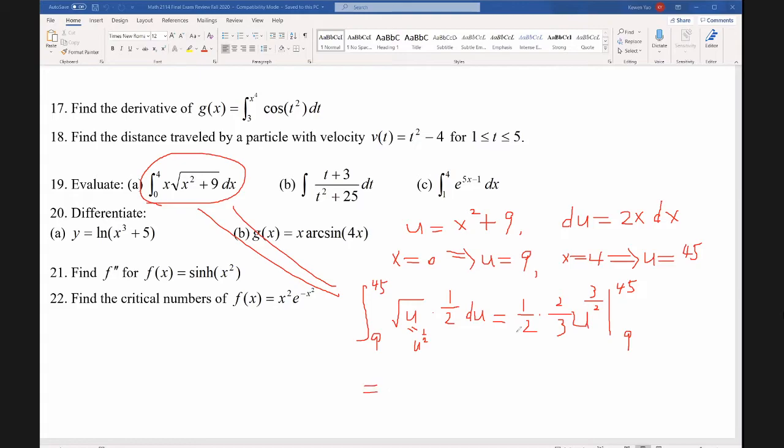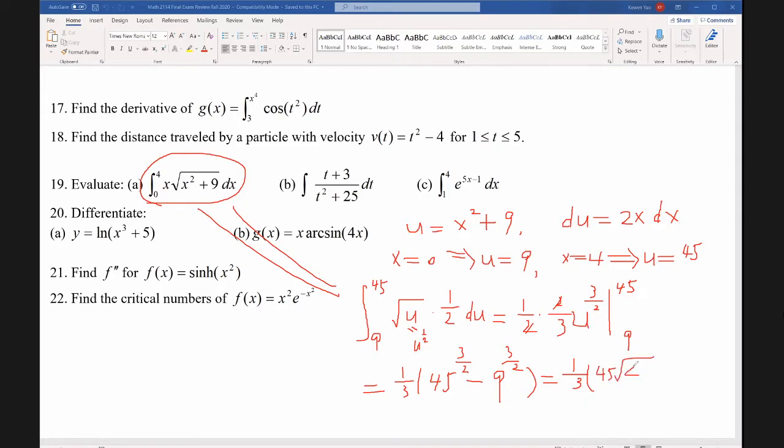Okay, FTC. Now you don't have to change u back to x anymore. Just evaluate this under the new limits. So these cancel out, right? It's 1/3 times 45 to the 3/2 minus 9 to the 3/2. Simplify. That's so easy. This is 45 times 45 to the power 1/2, right?